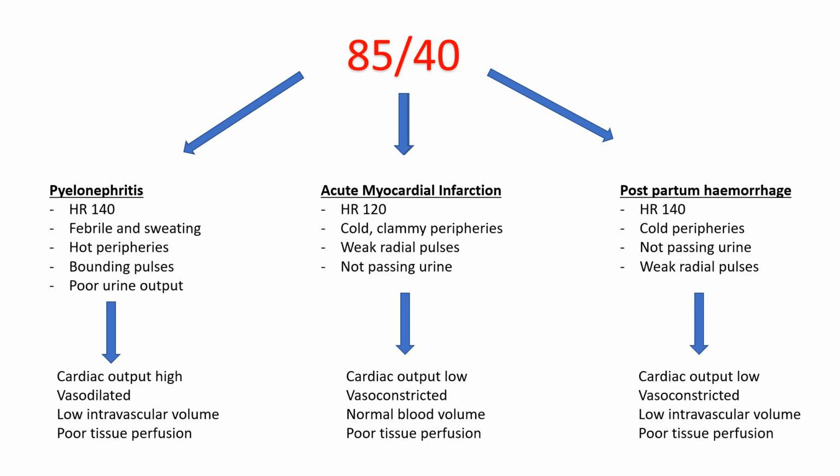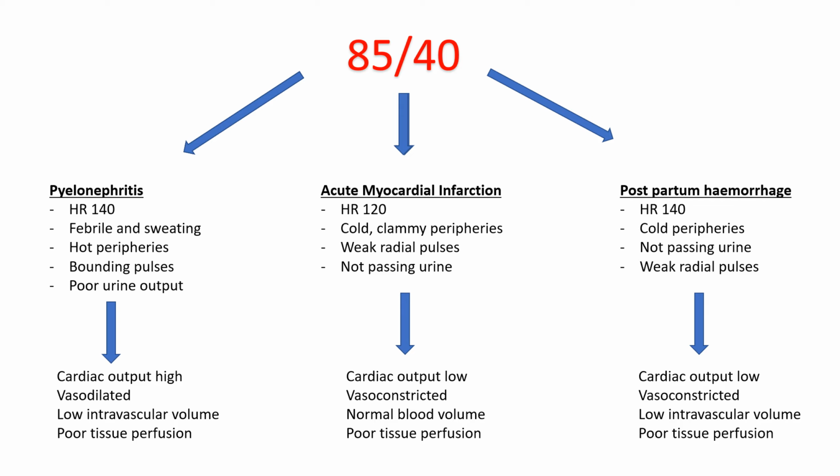And lastly, the third patient on the right, the lady with the postpartum hemorrhage, hypotensive and tachycardic with cold peripheries. Her cardiac output is low because of hypovolemia. She has poor venous return to the heart, reduced preload, and underfilling of the ventricles.